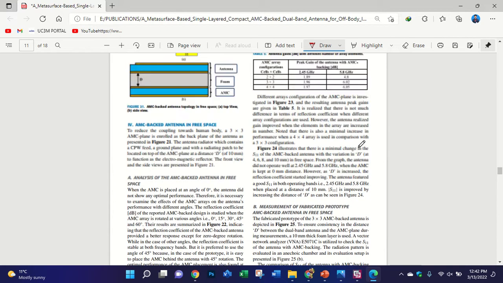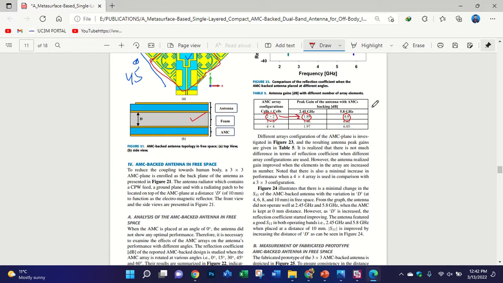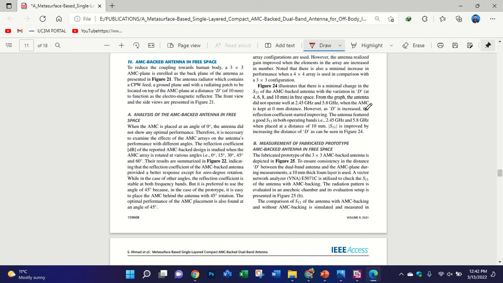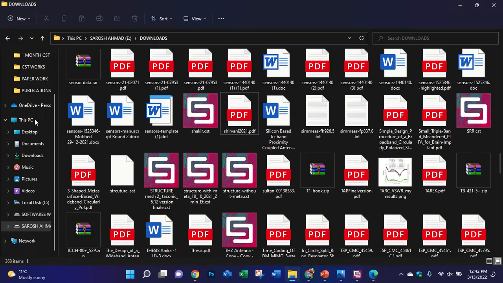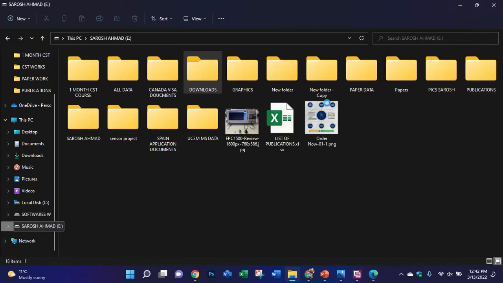Maybe this is without... wait a minute. Actually in my other paper, let me see the other version of the paper. This is the published one.